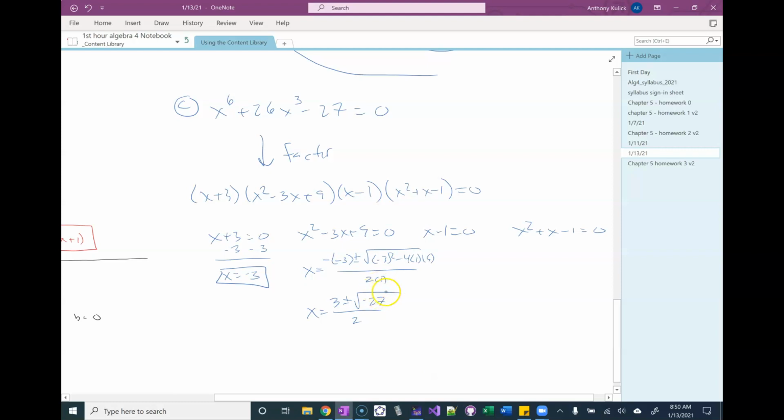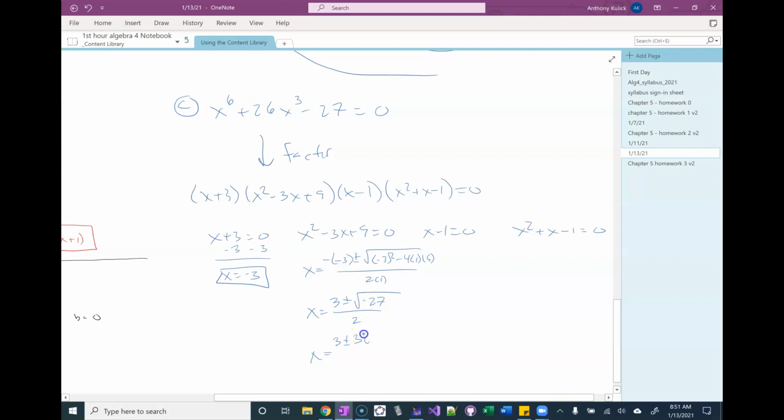And 27 is 9 times 3. So the square root of 27 can be the square root of 9 times 3.